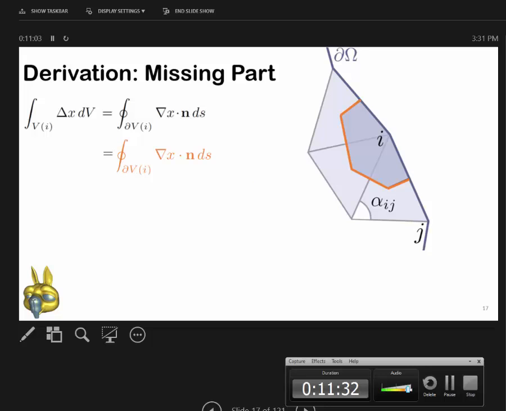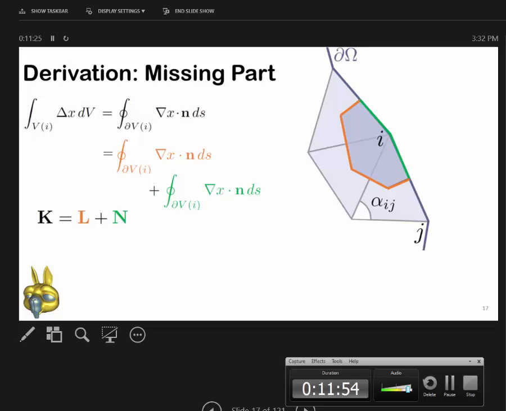But we could be more careful with that. According to the divergence theorem, the contribution should not only come from the interior boundary in orange, but also from the exterior boundaries in green. Only after considering these green edges do we have the closed boundary. And only in this case do we have the linear precision.